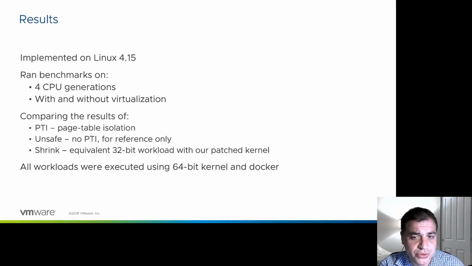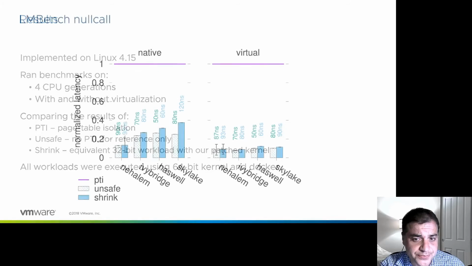And finally, we have Shrink, our solution, running a 32-bit workload equivalent to the previous ones, but using our patched kernel. Note that all workloads were executed on a 64-bit kernel, and we use Docker to simplify deployment.